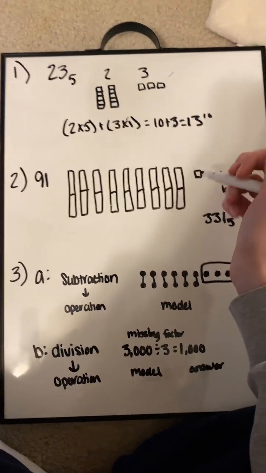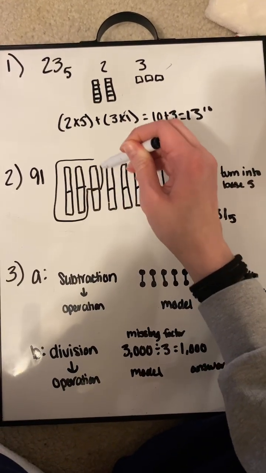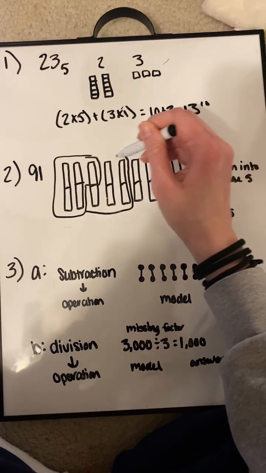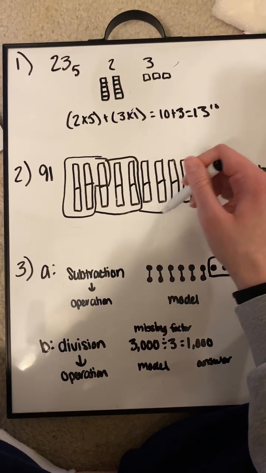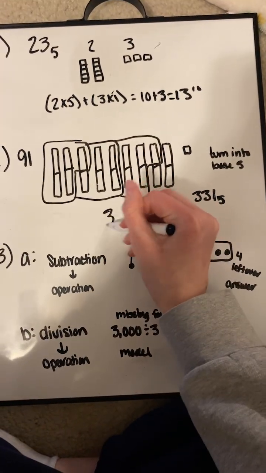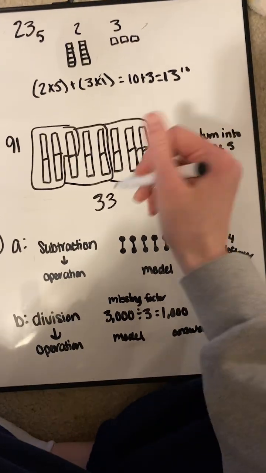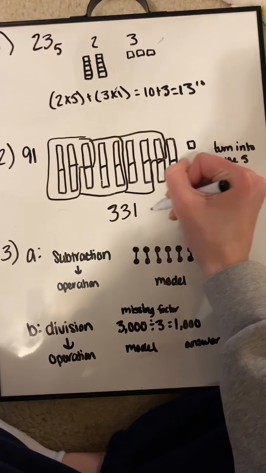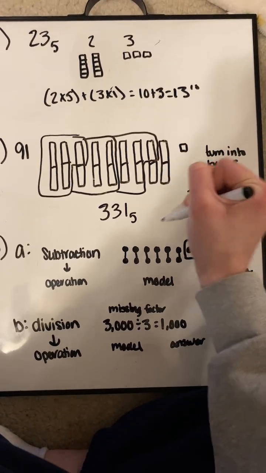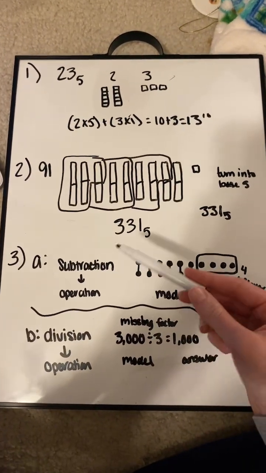But I would need to make this one a flat, this one a flat, and then this one a flat. And then I have 3 left over, so that's 3 flats, and then 3 longs left over, and then there's 1 unit cube. So my answer would be 331 base 5.